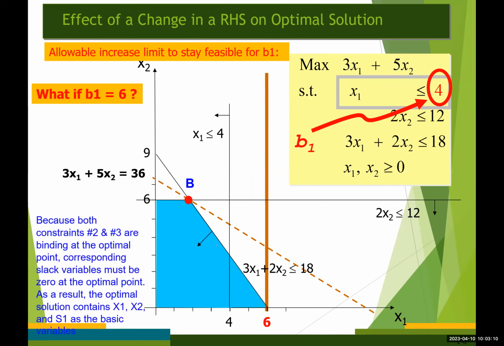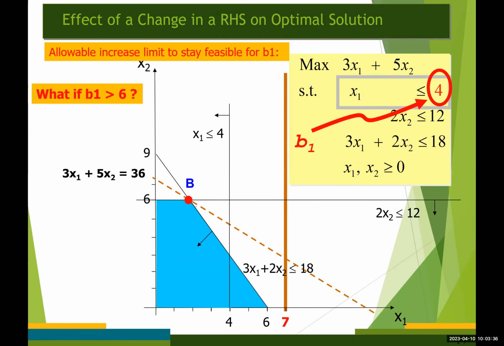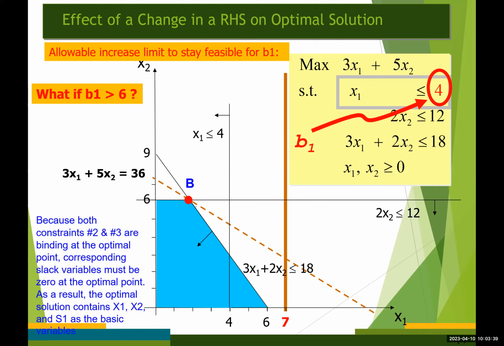If the value of B1 is increased to 6, right here, then we still have the same optimal solution at point B, where the plant number 2 and plant number 3 constraints are binding. If B1 becomes 7, then the plant number 1 constraint becomes a redundant constraint, right? And it doesn't impact our optimal solution.